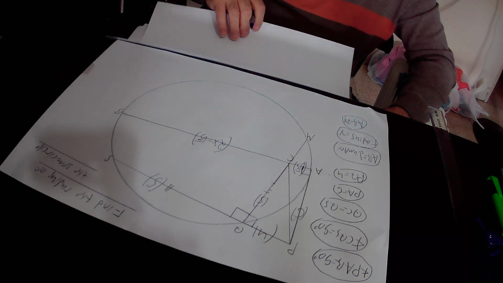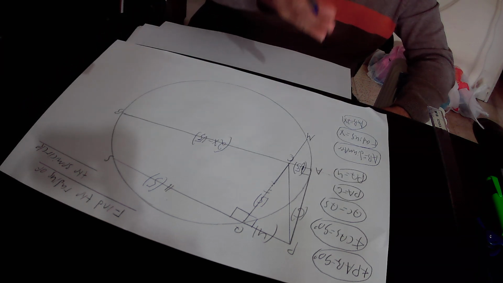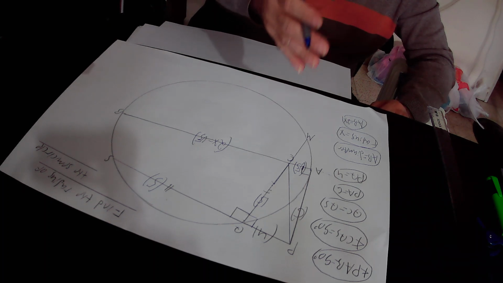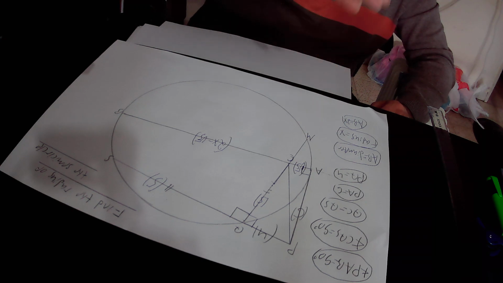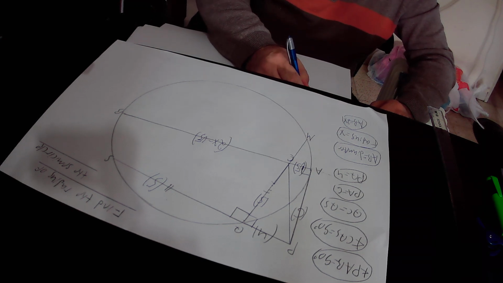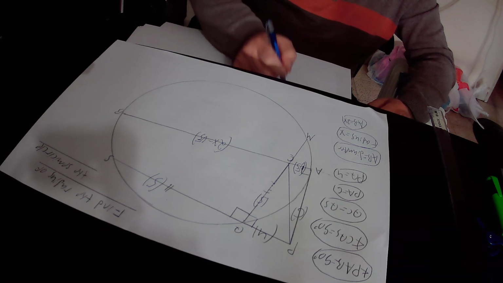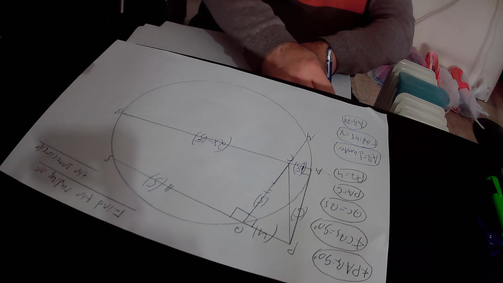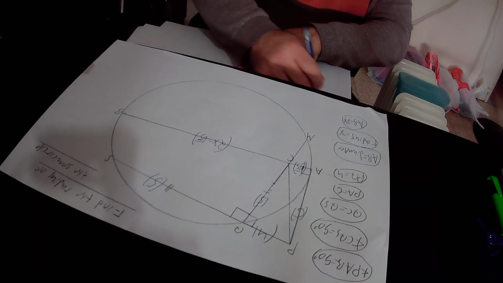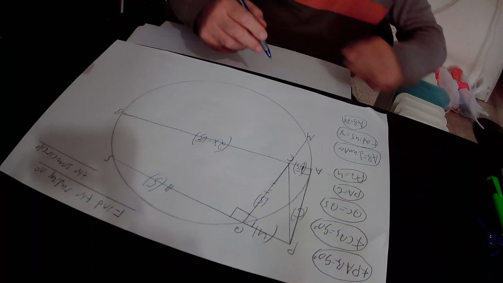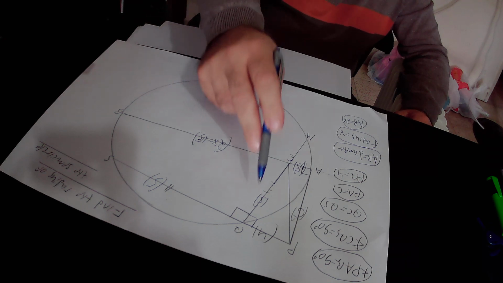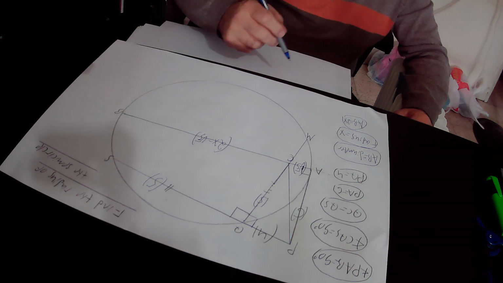Therefore, because in our original drawing we have two chords that intersect with each other inside the circle, we can implement rule number 11 here. According to rule number 11, the following equation will be true: AC times CB will be equal to QC times CM.